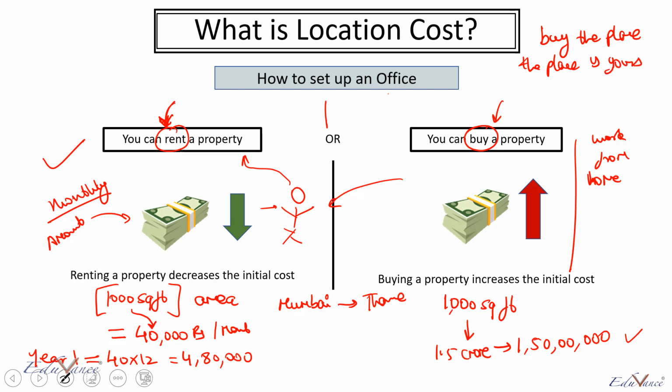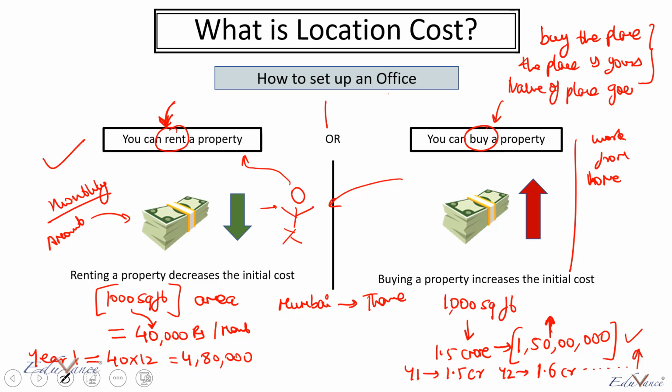And now with time, please understand this basic point, with time, the cost of property normally goes up. So let us say in year 1, your property was worth 1.5 crore rupees. Now in year 2, this property will be worth 1.6 crore rupees and it keeps increasing and goes up. So when you buy the place, the value of the place goes up.